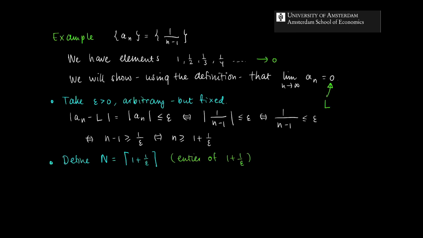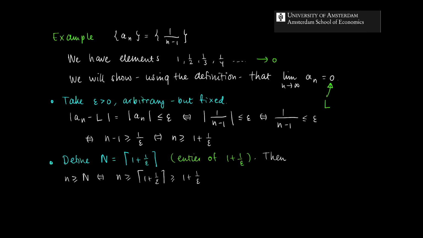Then what we get is, if we take n larger than this capital N, then n is larger than the entier of 1 plus 1 over epsilon, which is of course larger than 1 plus 1 over epsilon, because the entier is larger than without the entier.